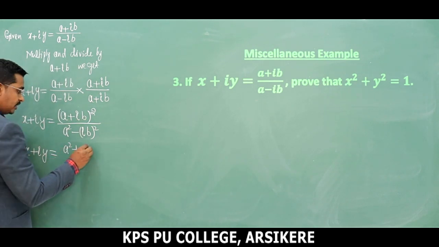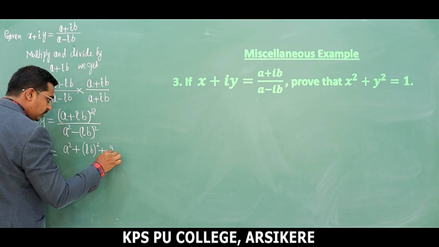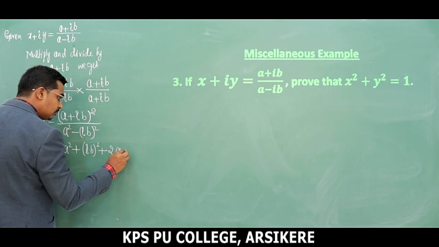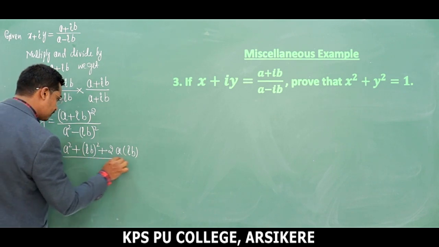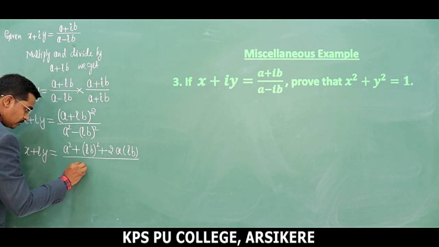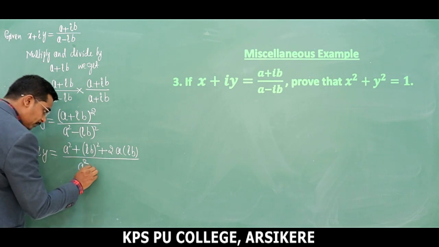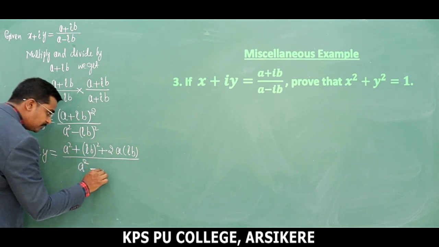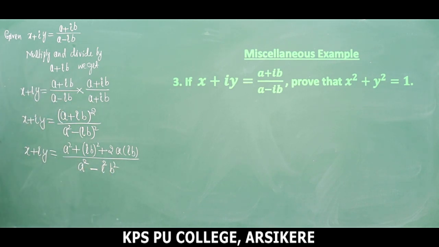So here also a square plus ib whole square plus 2 into a into ib whole divided by a square, right as it is, minus, okay, this can be written as i square into b square.